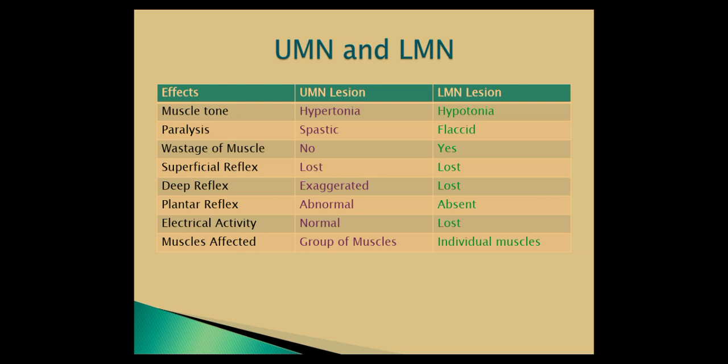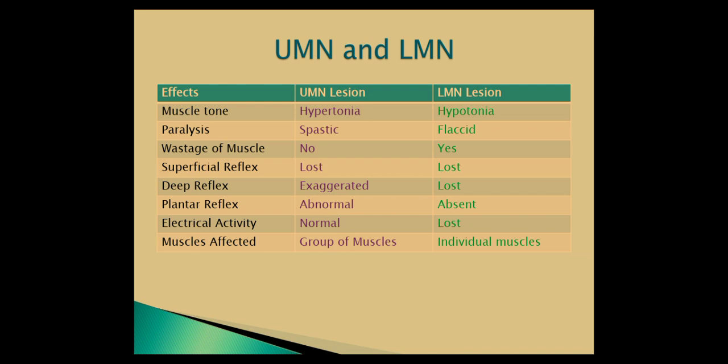And wastage of the muscle. In the upper motor neuron lesion, we do not see wastage of the muscle, but in the lower motor neuron lesion, wastage of the muscle is seen. What about the superficial reflex? Superficial reflexes are lost in both the upper motor neuron lesion and the lower motor neuron lesion. And what about the deep reflex?